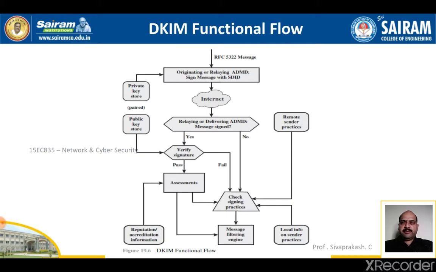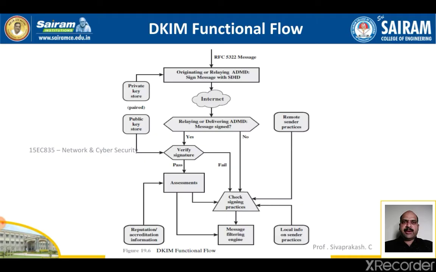This figure illustrates a more detailed look at the elements of DKIM operation. Basic message processing is divided between a signing administrative management domain and a verifying administrative management domain. At its simplest, it is between the originating ADMD and the delivering ADMD, but it can involve other ADMDs in the handling path.